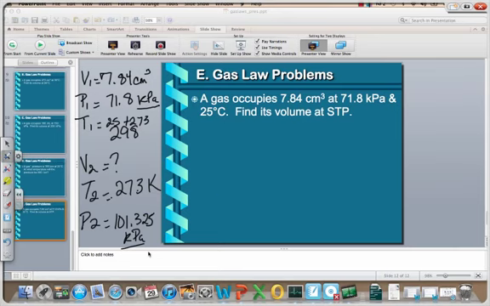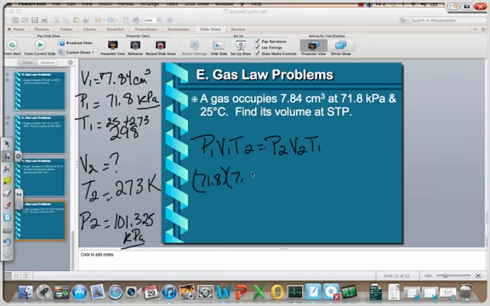All right, so now I have all of this information. Everything is changing then. So this is not Gay-Lussac's, Charles's, or Boyle's. This is combined. So since everything is changing here, I don't cross anything out. I'm just going to plug it into this equation. This is my combined gas law. So since nothing is held constant, everything goes in. All right, so P1 is 71.8 kilopascals.